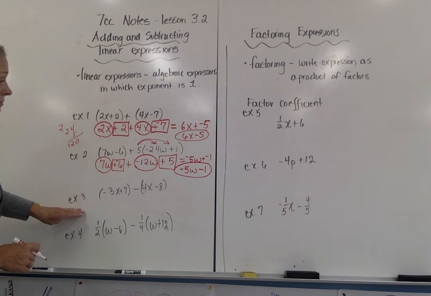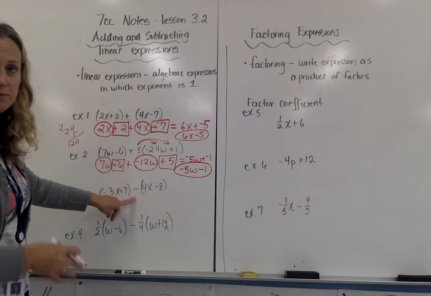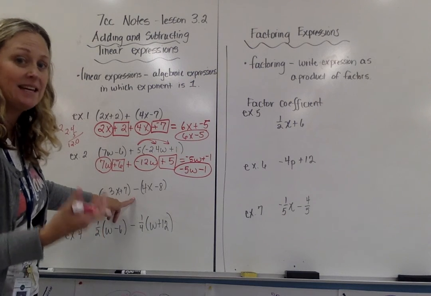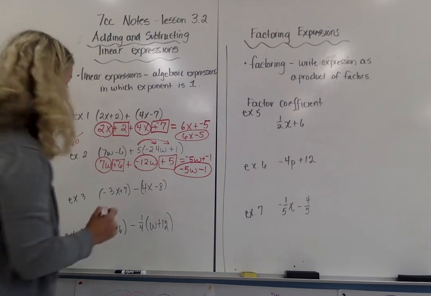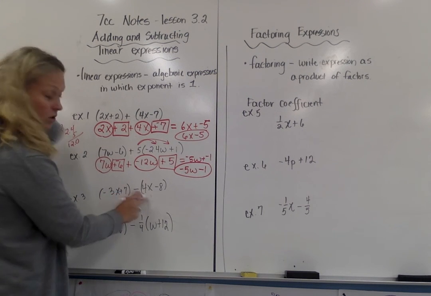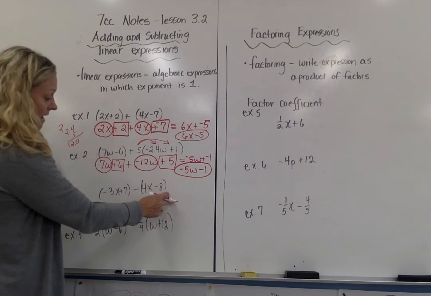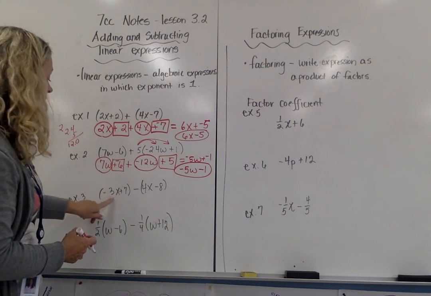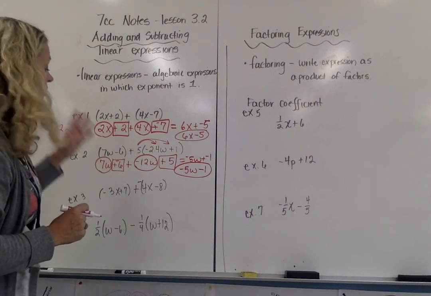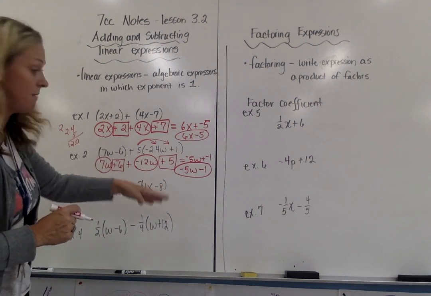In my next example, I have a subtraction sign. This subtraction sign is really the same as adding a negative. So the first thing I'm going to do is, rather than negative 3x plus 7 minus the quantity 4x minus 8, I'm going to change it to negative 3x plus 7 plus the distributed negative times the quantity 4x minus 8.